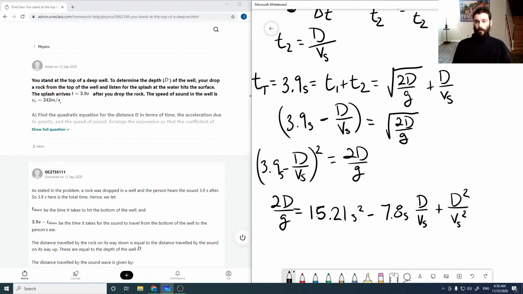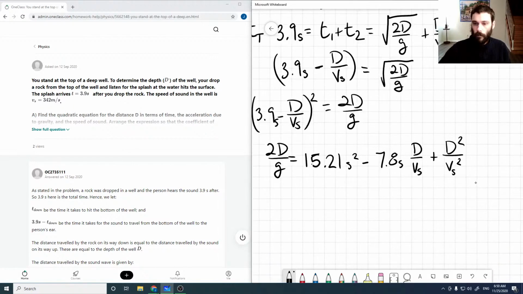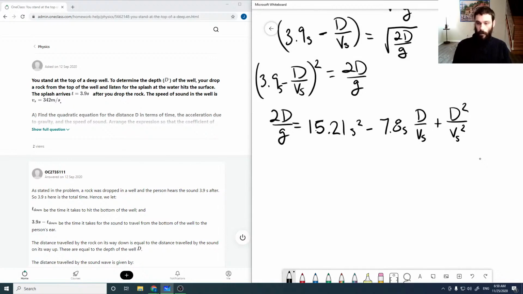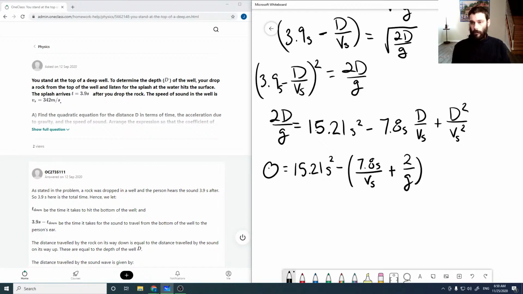And then just moving this 2d over g inside, we get 0 equals 15.21 seconds squared minus 7.8 seconds over Vs plus 2 over g, all multiplied by d, plus d squared over Vs squared.